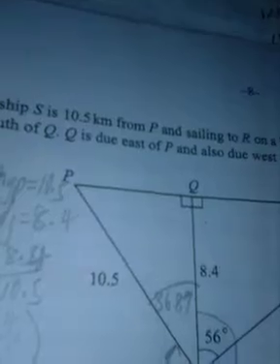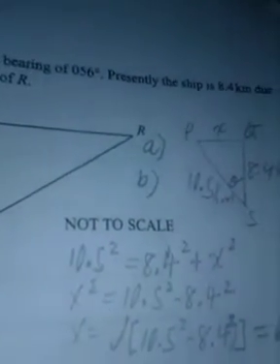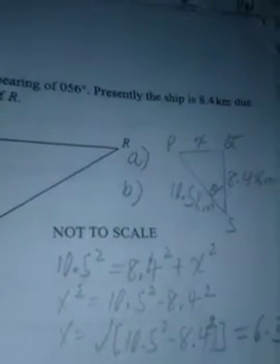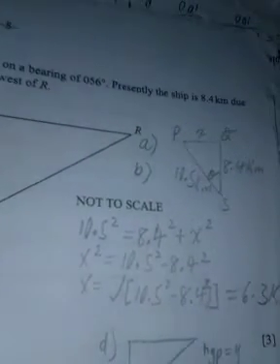You only have sides, so we can use Pythagoras. I'm redrawing the diagram. So 10.5 squared is equal to 8.4 squared plus x squared. Bringing the 8.4 over, x squared is equal to 10.5 squared minus 8.4 squared. Taking the square root, the length PQ, which I call x, is equal to 6.3 kilometers. Bam.